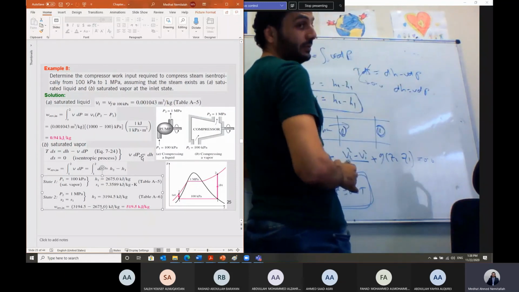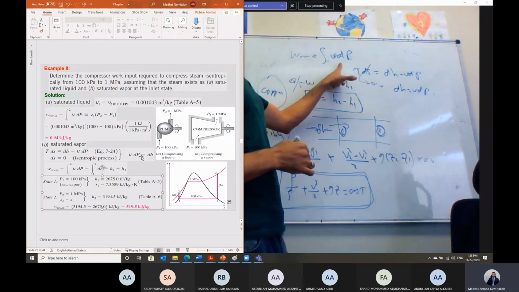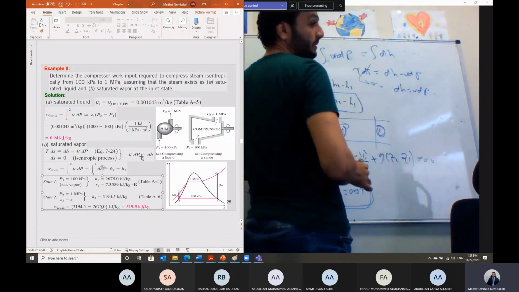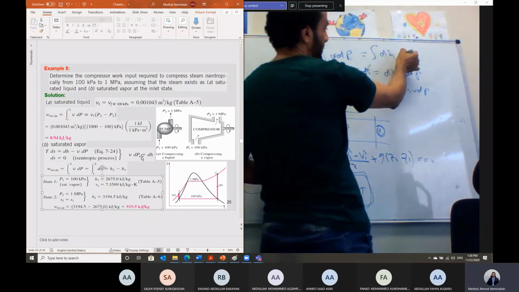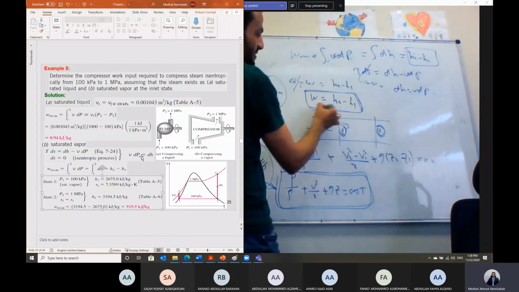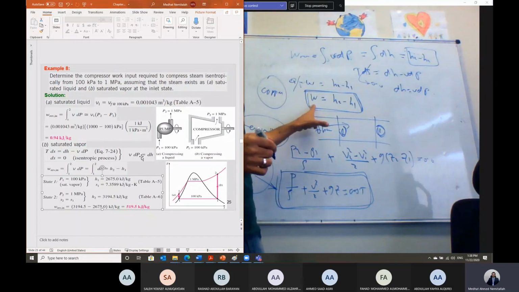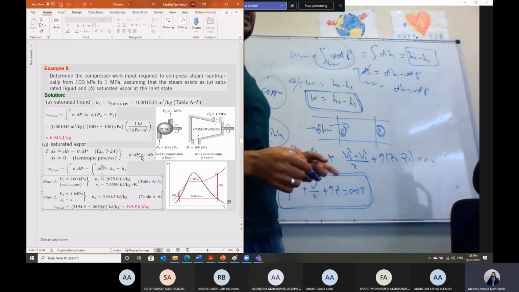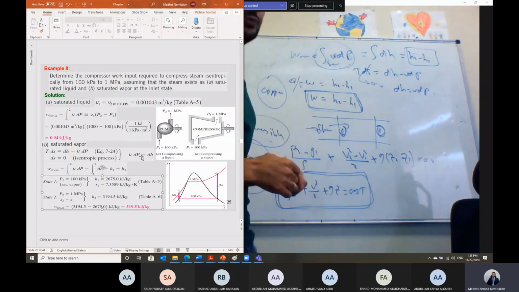It will equal VdP. And the reversible work is the integration of VdP. So we can replace VdP by dH. So it will equal the integration of dH, which is H2 minus H1, the same equation that we developed in chapter 5. So it doesn't matter whether the process is reversible or not. At the end, the work will equal H2 minus H1.